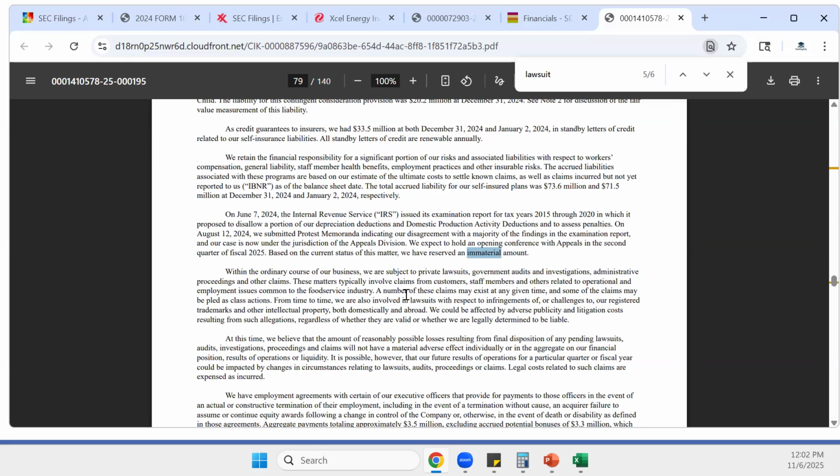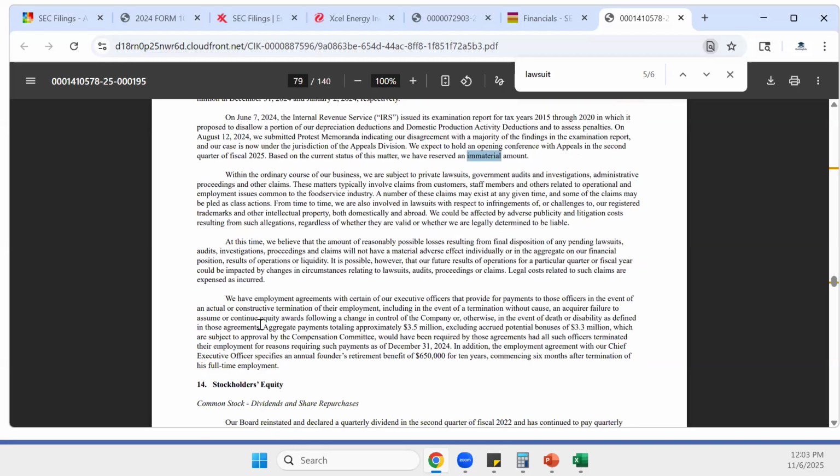They also have private lawsuits. Looks like they're disclosing it. And it doesn't look like any of them are large or probable enough to show at this time that we believe that the amount of reasonably possible losses resulting from pending lawsuits will not have any material adverse effect individually or in aggregate on the financial statements.